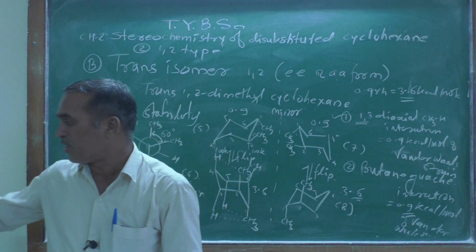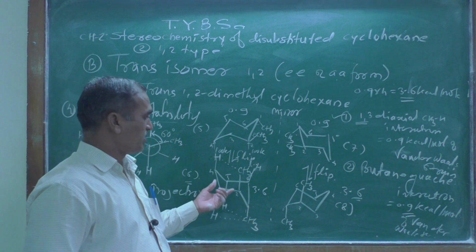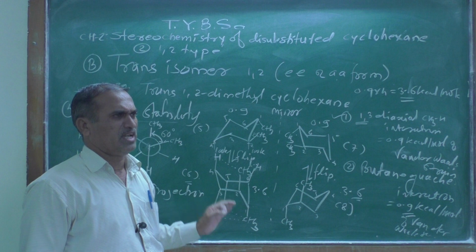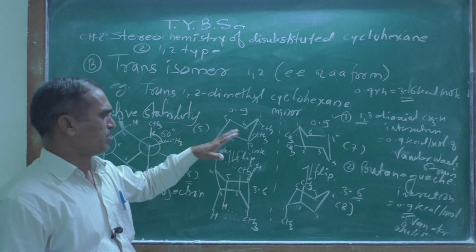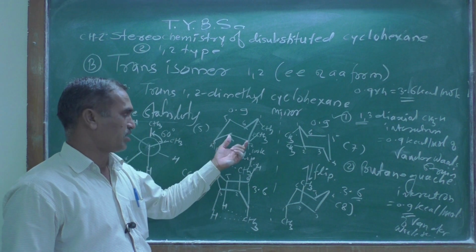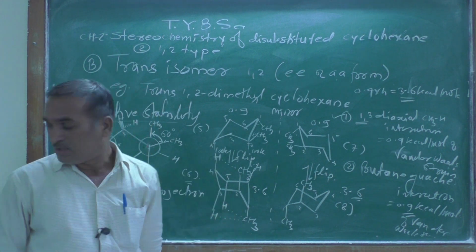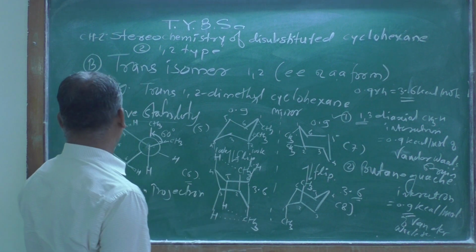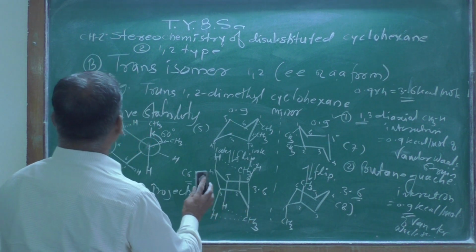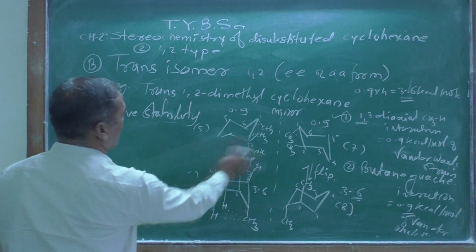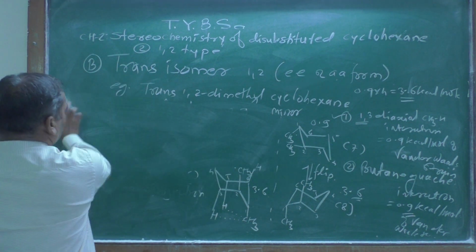This is all about the stability, meaning this conformation after the flipping we are getting is a less stable conformation, and therefore we can easily separate these from each other. They are the resolvable enantiomers.